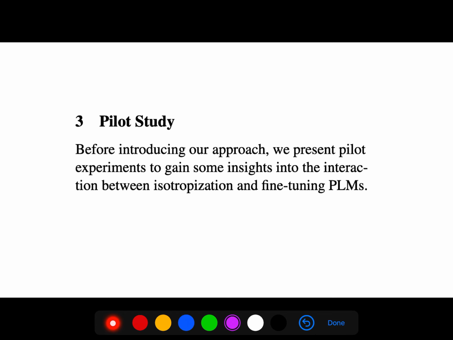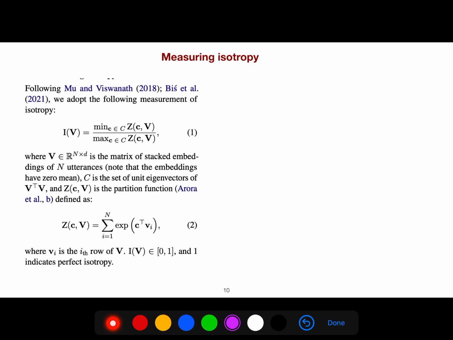First, they present a pilot experiment to gain some insight into the interaction between isotropization and fine-tuning pre-trained language models. So they adopt the standard measurement of isotropy, which is the mean of Z. Z is a partition function.